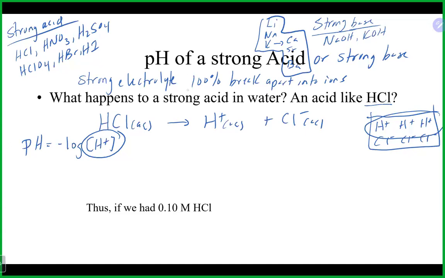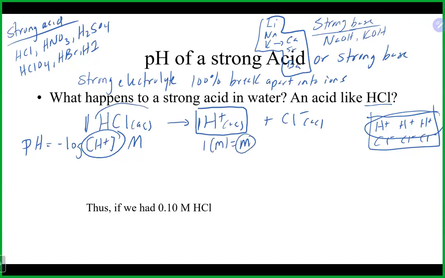So in solution, this is really the most important one. And when we look at the relationship between HCl and H plus in this case, it is a 1-to-1 relationship, which means that if you know the molarity of the HCl, you would take 1 times that molarity, which gives you the same number.